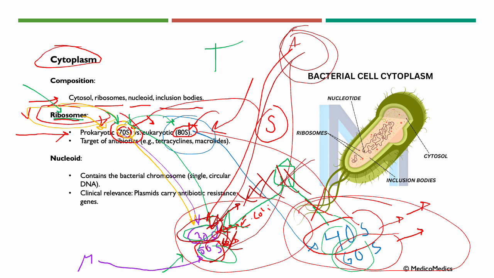No, actually scratch that. We just committed the same error again. The macrolides bind to 50S, that's correct, but they are preventing the elongation of the protein chain. The other group is chloramphenicol. It inhibits the 50S subunit of bacterial ribosomes, preventing the formation of peptide bonds during protein synthesis.